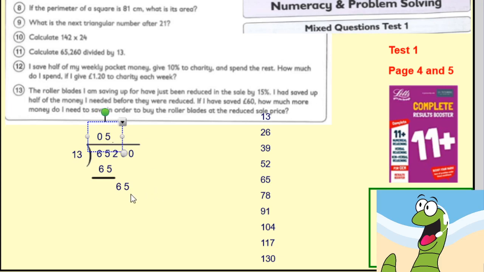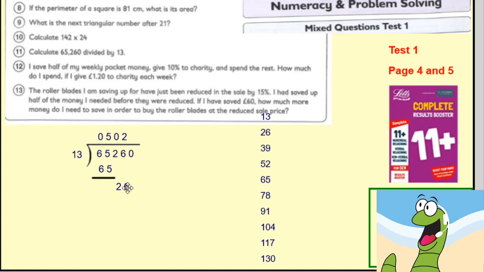And then we're going to bring down 2. 13 going into 2 doesn't go. Now we're going to bring down 26. Does 13 go into 26? Yes, it does. If we look there, it goes in twice. I'm going to put a 0 above the 2, and I'm going to put a 2 there because it goes in twice according to our times table.